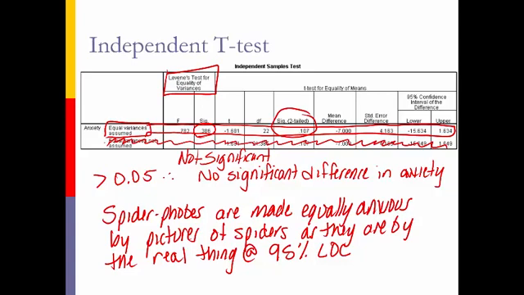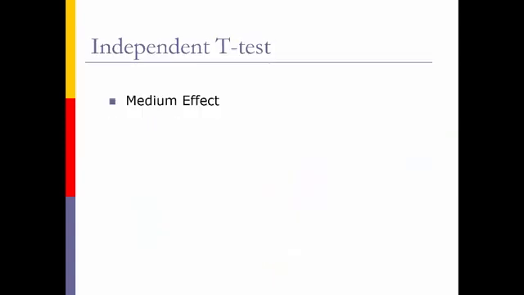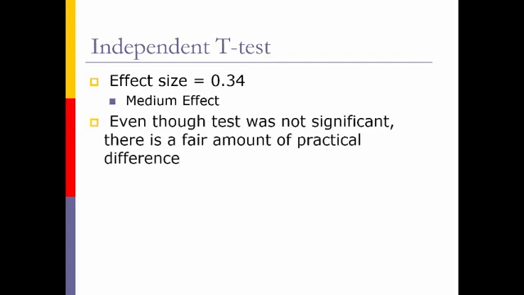The effect size is calculated in the same way. So we end up with an effect size of 0.34, which is somewhat of a medium effect. So even though the test was not significant, there is some practical difference.